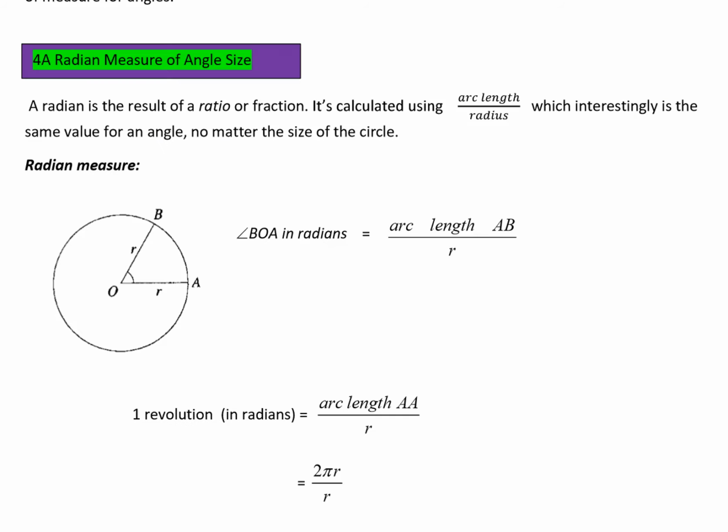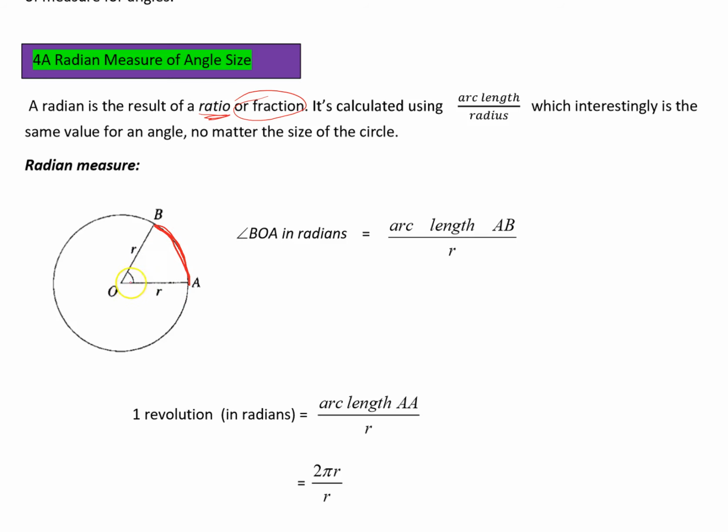So like I said, a radian is a ratio or a fraction. Easiest to understand it when it's written as a fraction, and the fraction is made up of the arc length over the radius. So you can see here the arc length is this, and the radius obviously is the radius for this particular size angle.